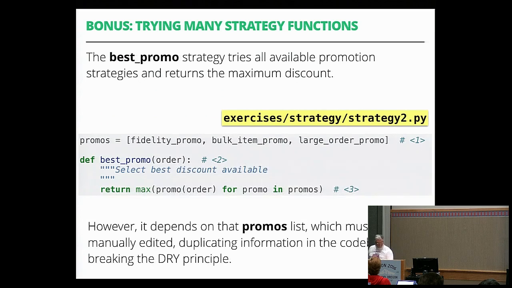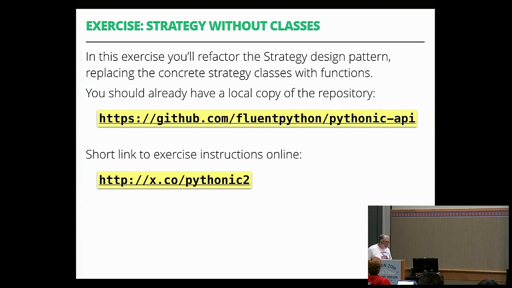Now, why is it that we can do that in Python? Because in Python we can use functions as objects, and functions implement a standard interface, which, if you look under the covers, is a special method called dunder call. So dunder call is the method to invoke and execute a function.